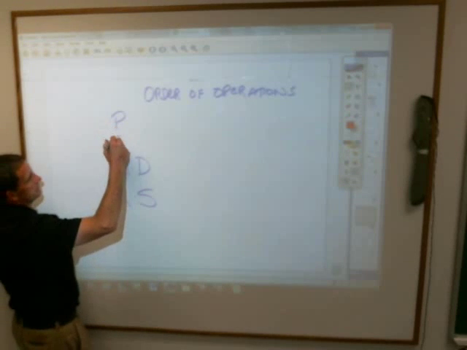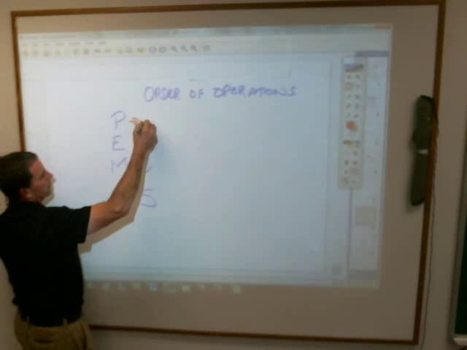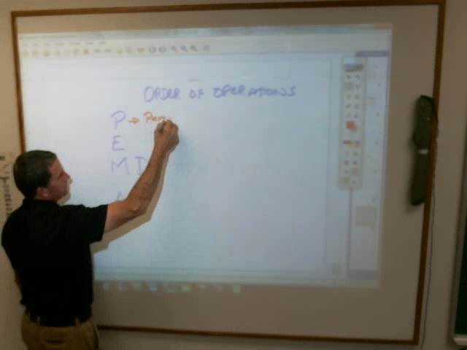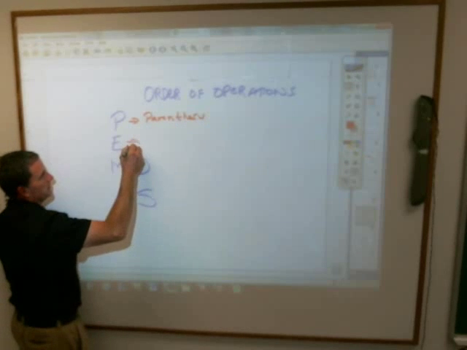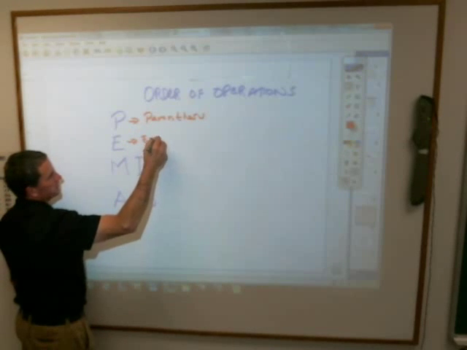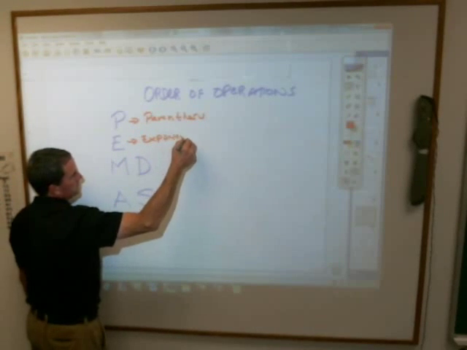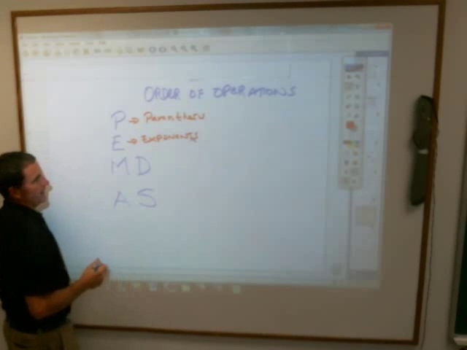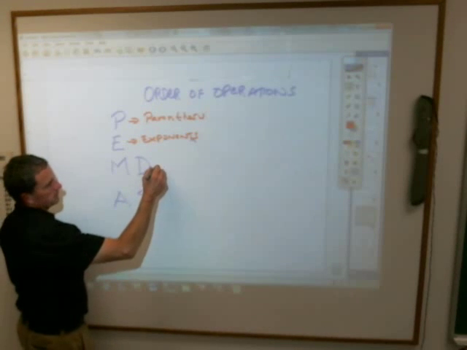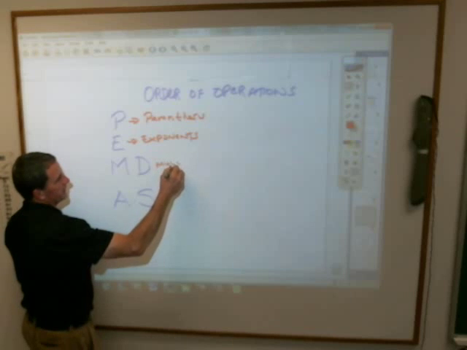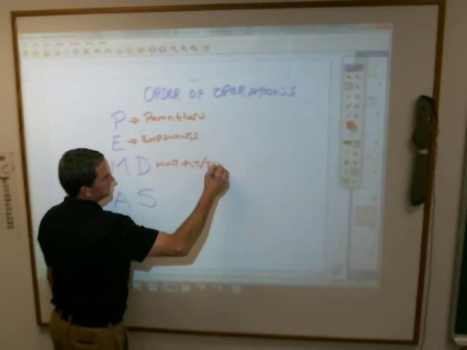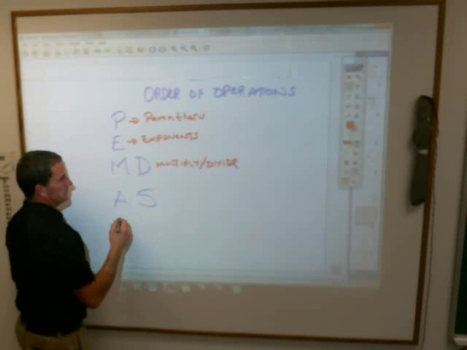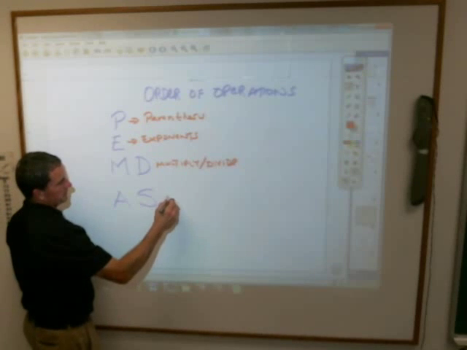The letter P stands for parentheses. The letter E stands for exponents. M and D stand for, anybody? Multiply and divide. And the A and S stand for add and subtract.